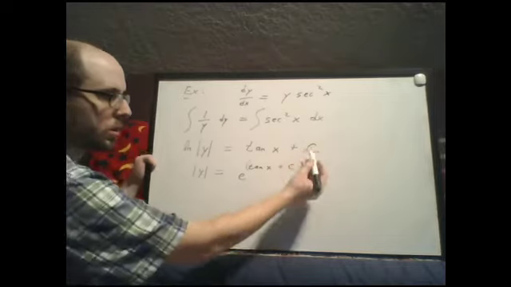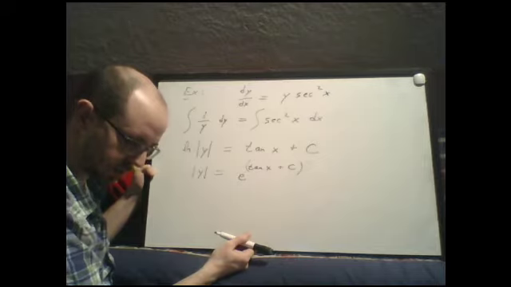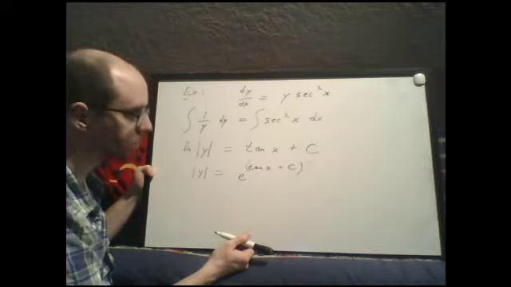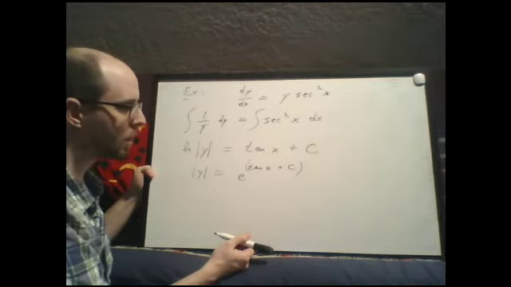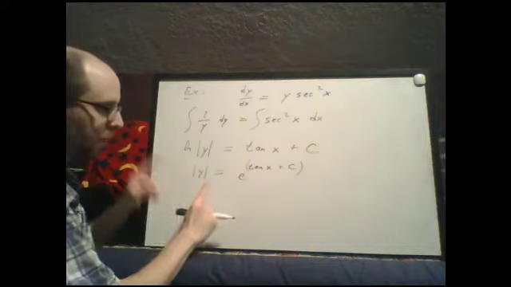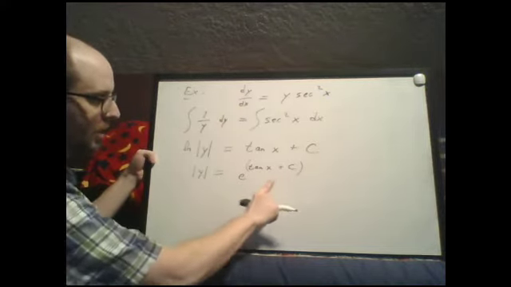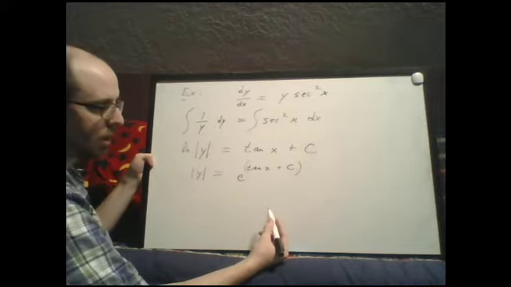c at this point could be any number. I want to solve for y. Right now I have absolute value y. Let's rewrite e to the tan x plus c.